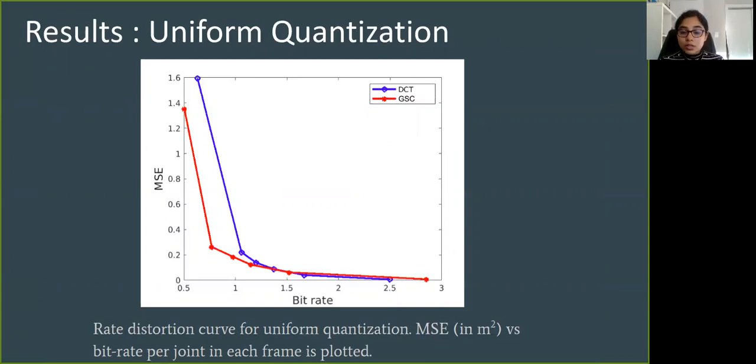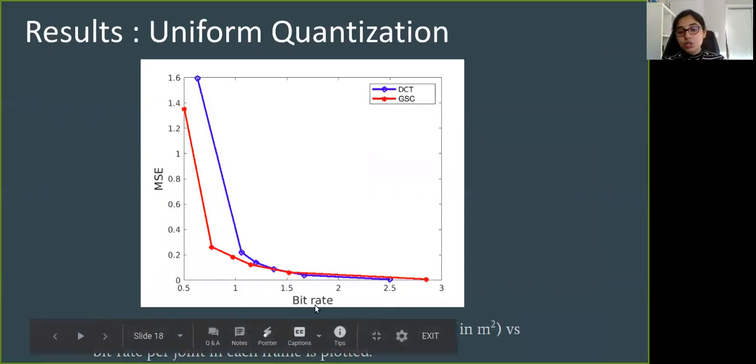But if we increase the bit rate, at some point it will be similar. So if our operating region is the lower bit rate, then obviously we would like to go with GSC. Usually in this case, the operating bitrate region is 1 bit per joint. So this is bits per joint.